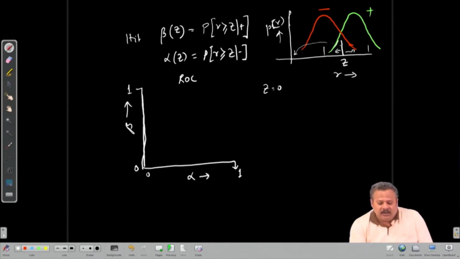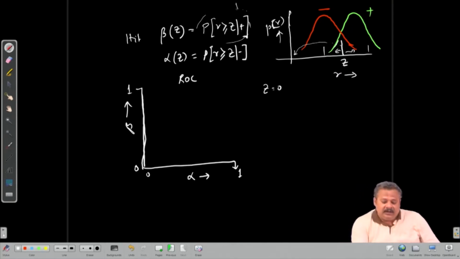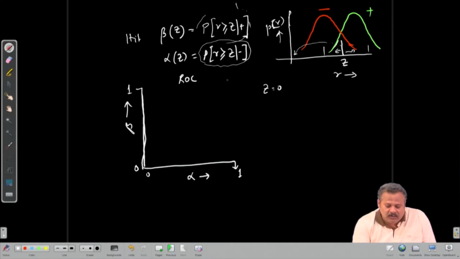When z equals 0, the probability r greater than or equal to z given plus is obviously going to be 1, because the rate is always going to be greater than z. Similarly alpha is again always going to be 1. So, at z equals 0, we have the position of alpha and beta at the top right corner of this plot.